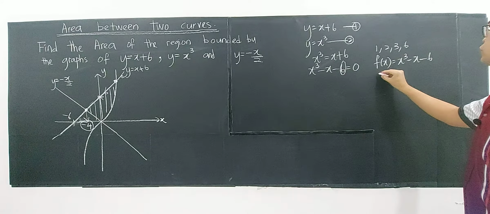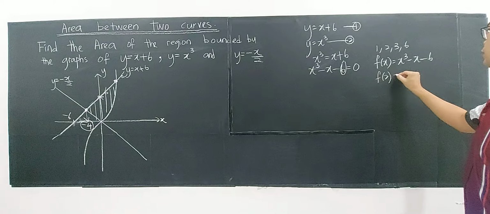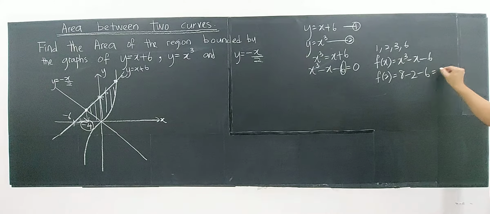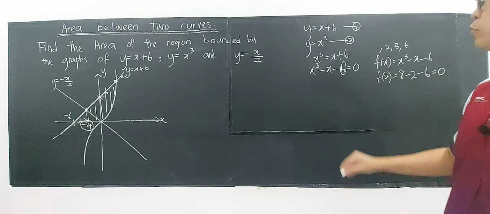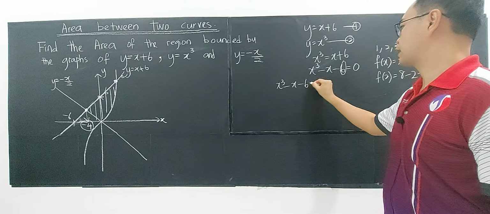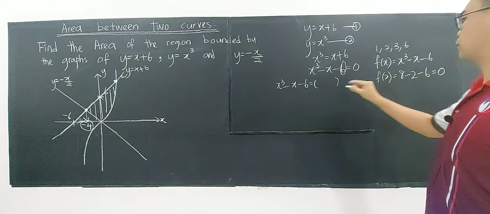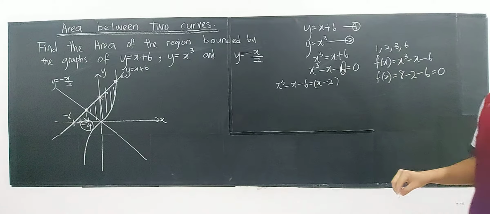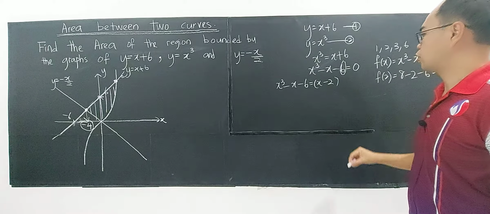Substituting 2, we get 8 minus 2 minus 6, which gives 0. So the 0 tells us that x cubed minus x minus 6 has a factor of x minus 2, as 2 makes this 0, from our knowledge of polynomials.